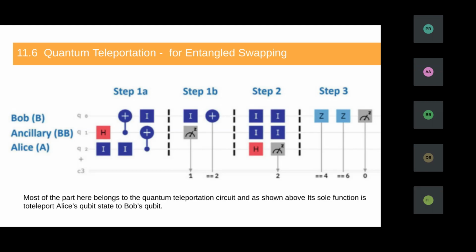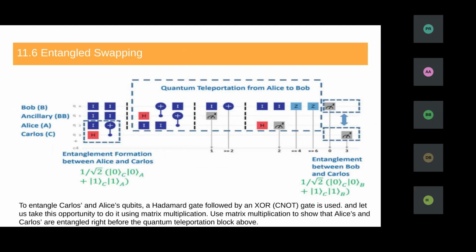So it's a repetition of what we did earlier, just to make sure that swapping is also carried out using quantum teleportation. So these are some of the major things we can go through. I would say, without getting too confused, just focus on the interpretation.